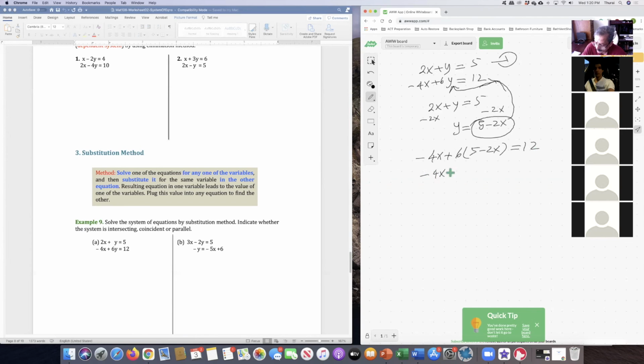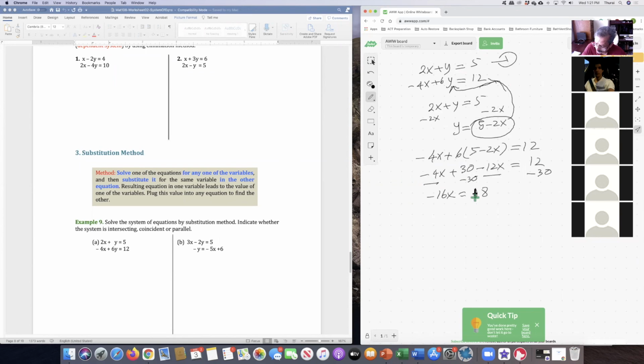Minus 4x plus, the 6 has to be distributed in, 30 minus 12x equal to 12. Minus 4x and minus 12x add up to minus 16x. And I subtract the 30 from both sides to move it to the right side. That gives me 12 minus 30, which is minus 18.